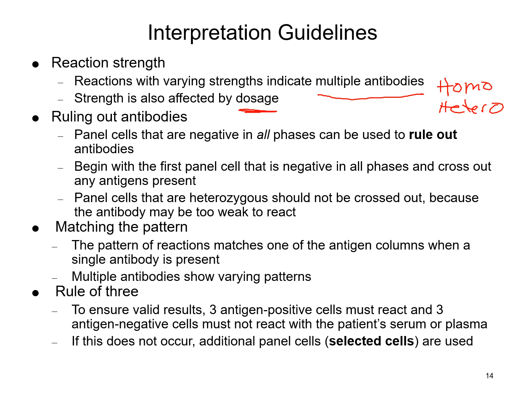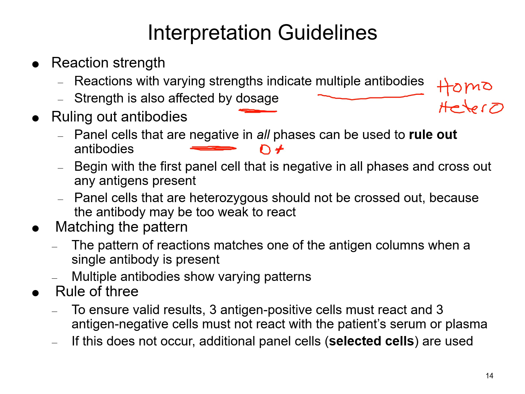So when we have those panel cells, what we're going to be looking at first, okay, we recognize which ones reacted. Then we're going to say, okay, which ones didn't react? Because let's just say it had a D antigen present on that particular red cell.